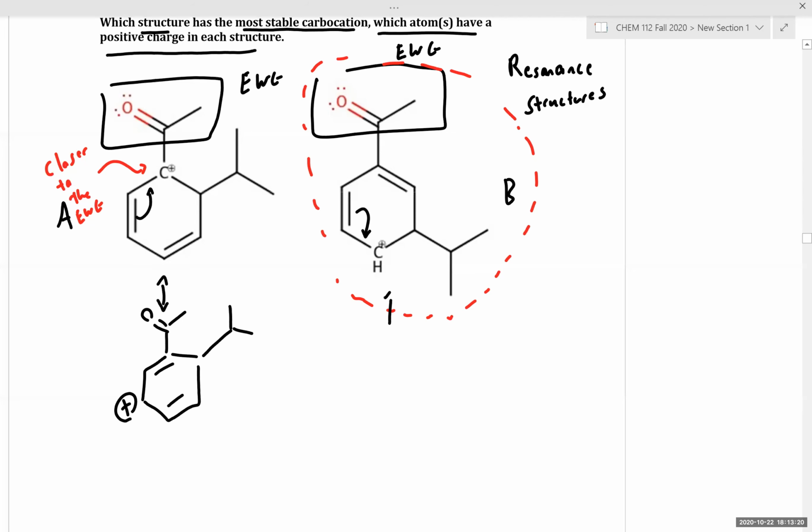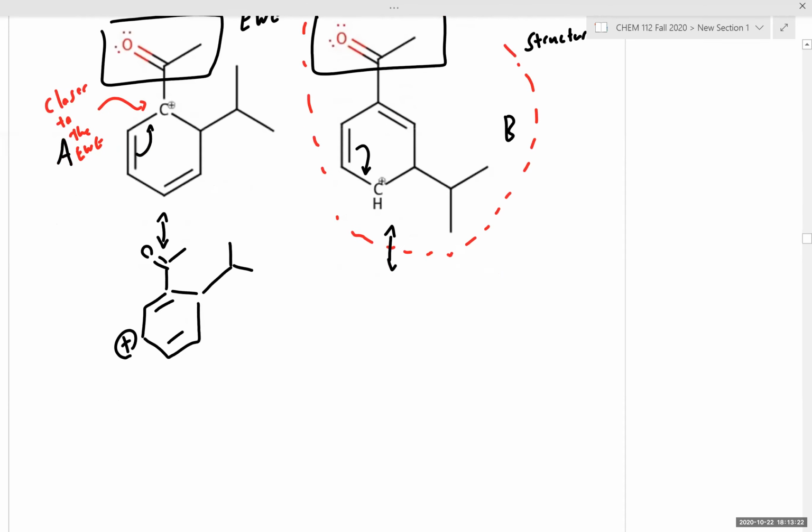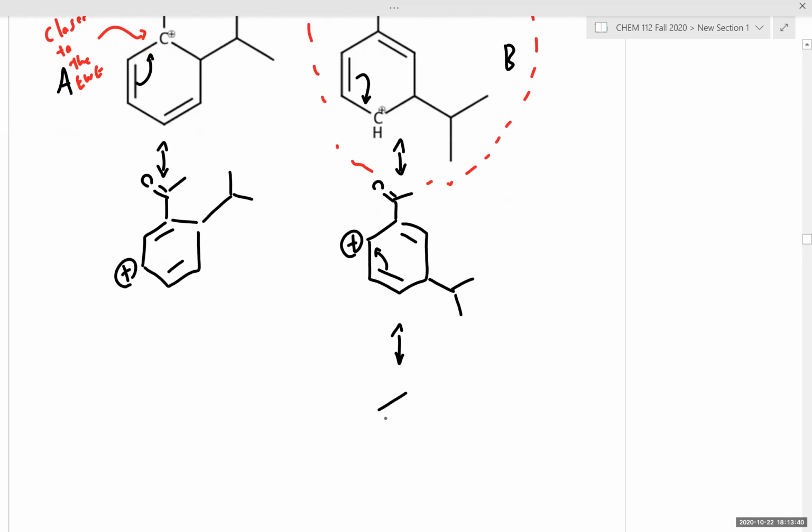They propose the following set of resonance structures for structure B. So first they kick their double bond across to generate the following resonance structure. They then kick the double bond across a second time, and that in turn yielded the following. Let me make sure my bond geometries are appropriate. The following resonance structure.